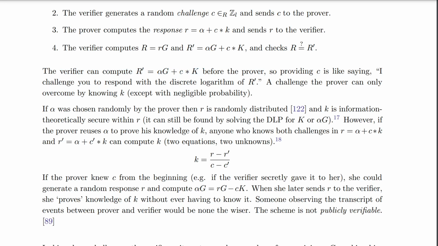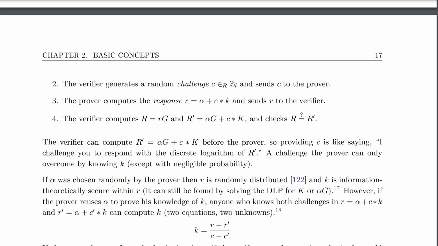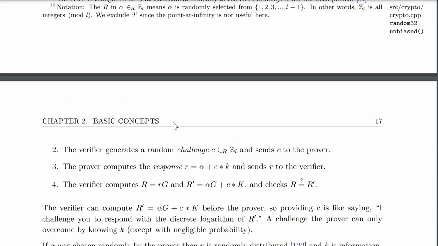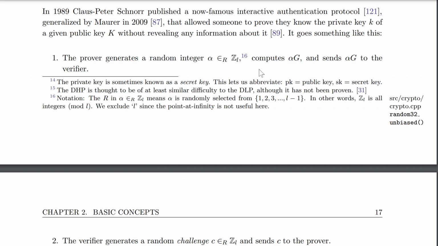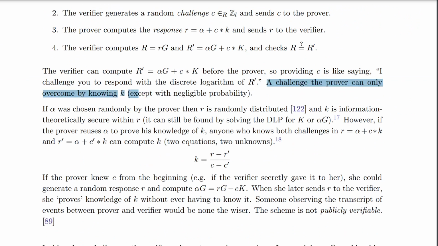So we note that the verifier can compute this value, R prime, before the prover. And so whenever they send this challenge, they're saying, hey, I challenge you to essentially respond with the discrete logarithm of R prime. And the only way that the prover would be able to do that is effectively if they have knowledge of that private key. So, yeah, there you go. And it is noted here, except with negligible probability, right?